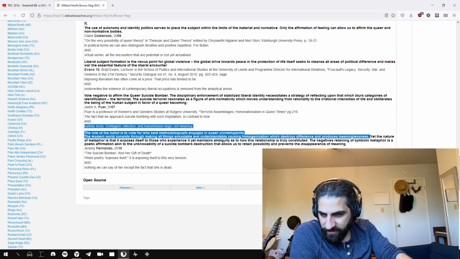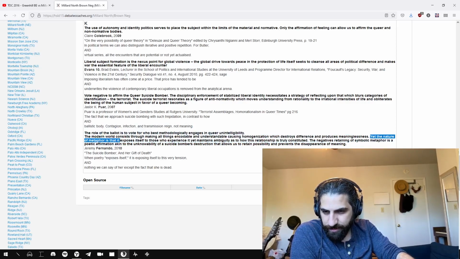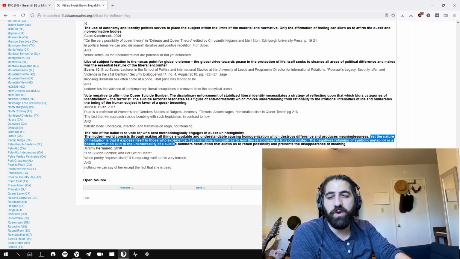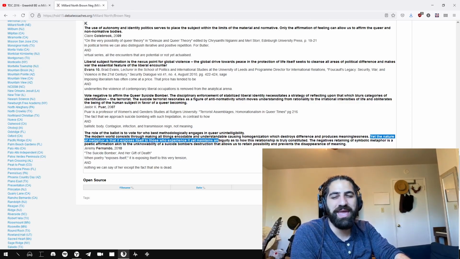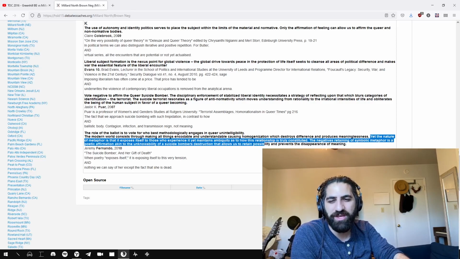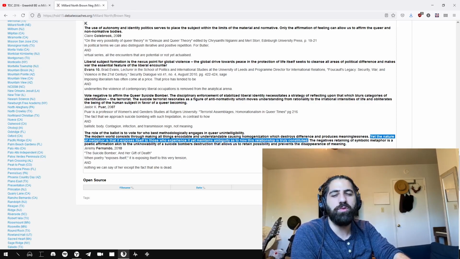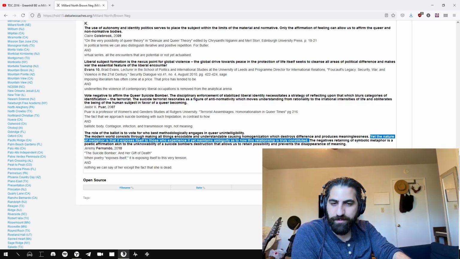Yet the nature of metaphor is that it exposes itself to those who experience it, yet maintains ambiguity as to how this relationship is truly constituted. Okay, as long as Fernando says that, that's fine, I guess. Again, I don't know that metaphors are all that ambiguous, but I suppose they're supposed to be.